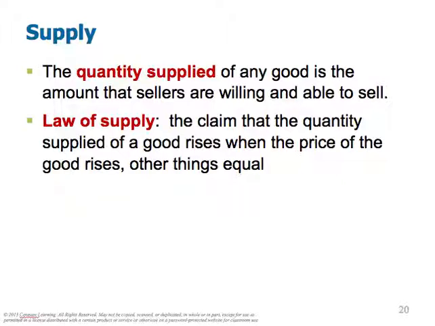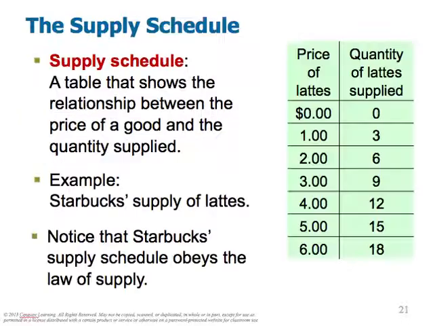In plain words, when the price of goods goes up, the producer, the manufacturer wants to supply more, wants to produce more goods, so quantity supplied goes up. When the price of the good falls, the manufacturer or the producer wants to sell fewer goods. That's why the quantity supplied falls. So there is a positive relationship between price and quantity supplied. That's evident in this supply schedule.